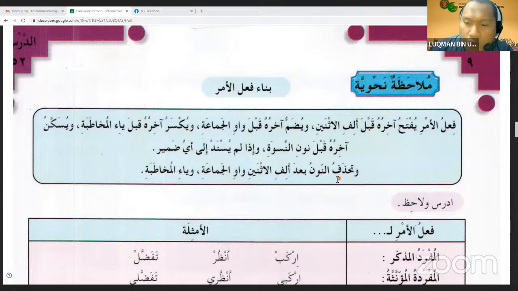وتحذف النون بعد ألف الاثنين وواو الجماعة وياء المخاطبة.